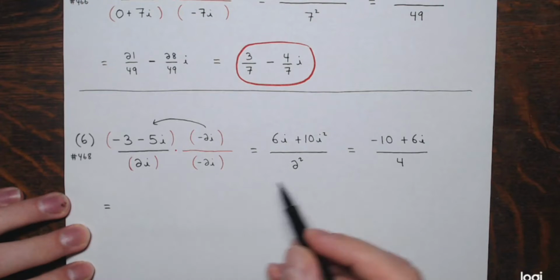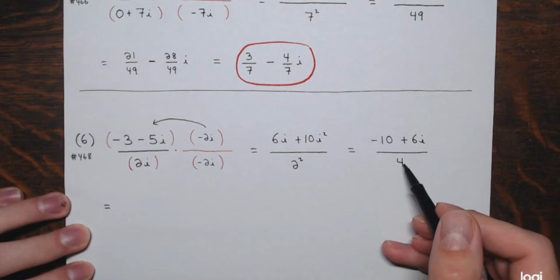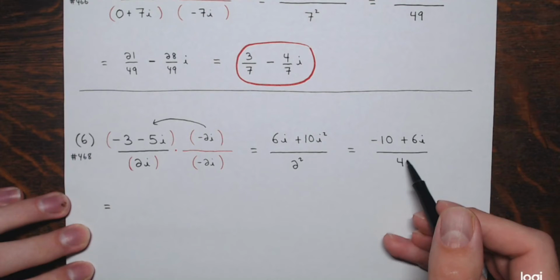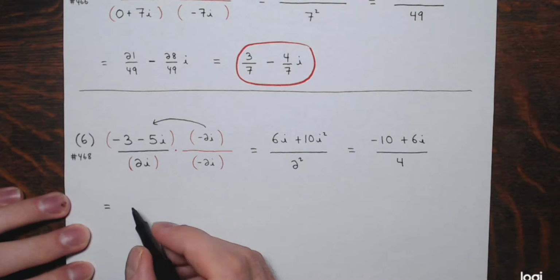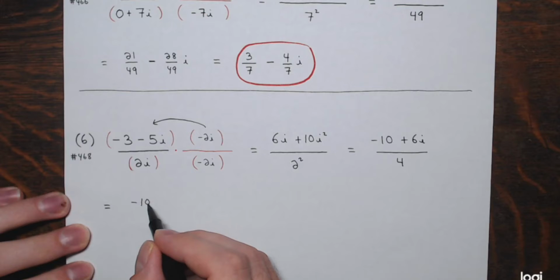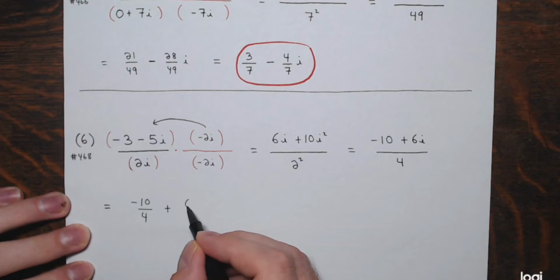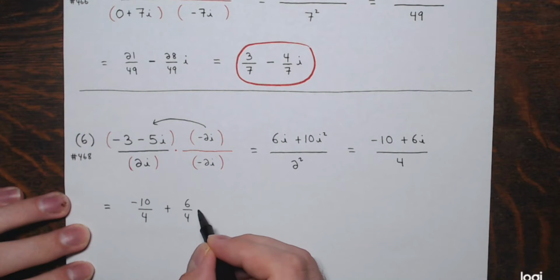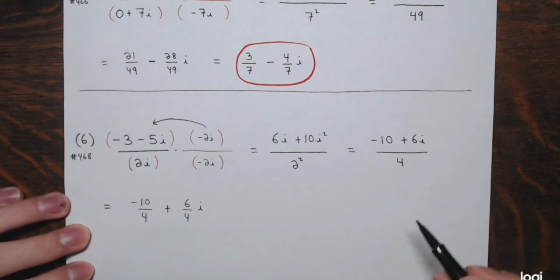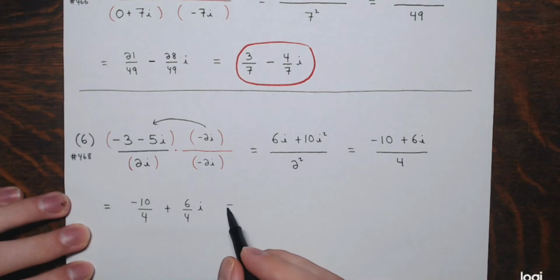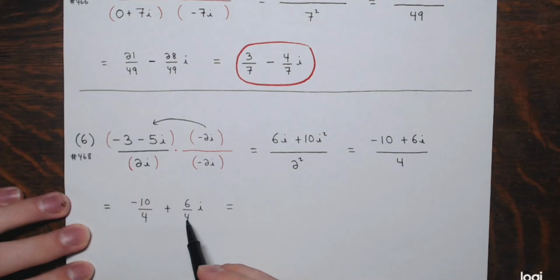All right, and then like with all the others, I'm writing it in standard form. Divide each term in the numerator by this real number 4. We'd have negative 10/4 for the real term plus 6/4 times i for the imaginary term. But these fractions can simplify.